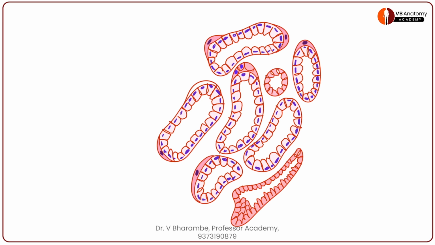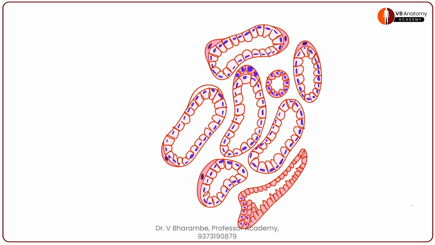Add the flattened nucleus of the myoepithelial cells at the periphery and the rounded nuclei in the serous demilune. Now let's add the nuclei to the intercalated duct and to the interlobular duct.